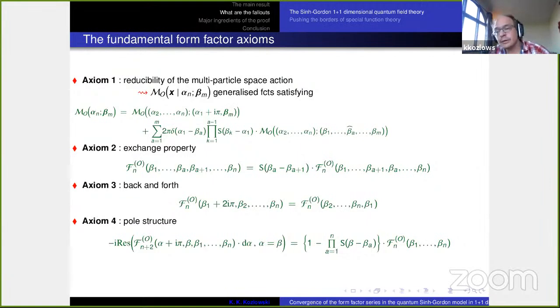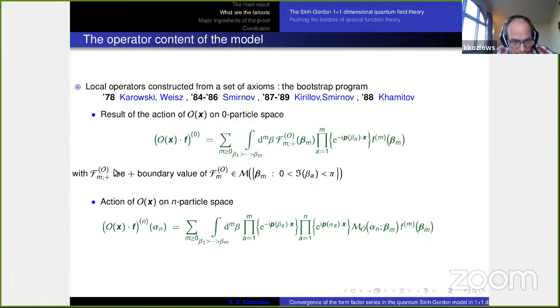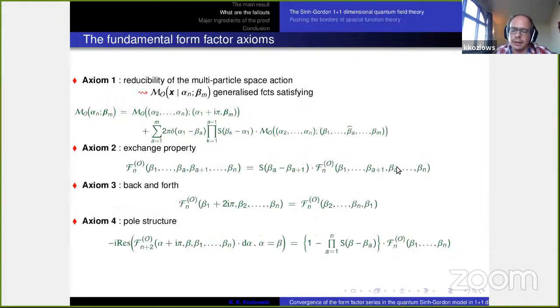So first, the integral kernels for the n particle space, so this mn of alpha n beta m, they satisfy a certain induction relation, which basically allows you to reduce the number of outer variables in mn, and ultimately you can solve this induction.